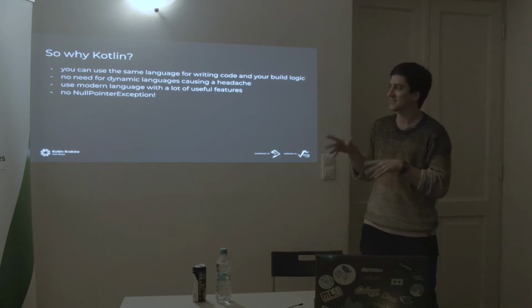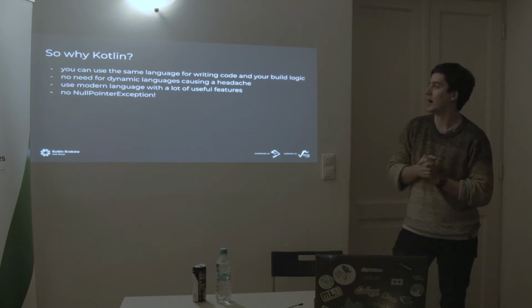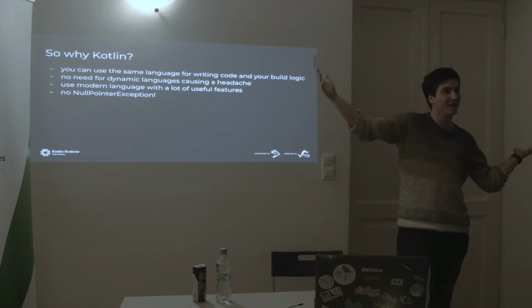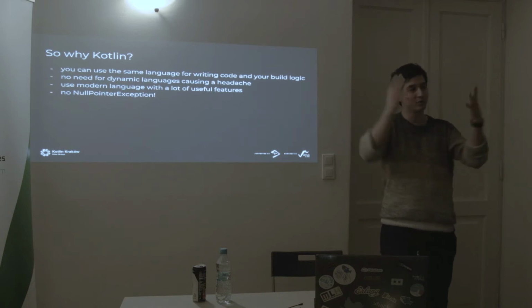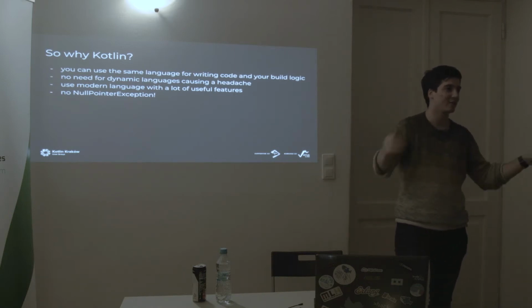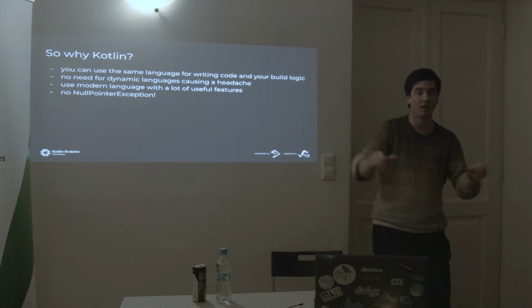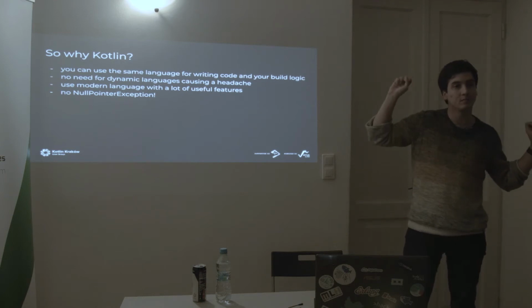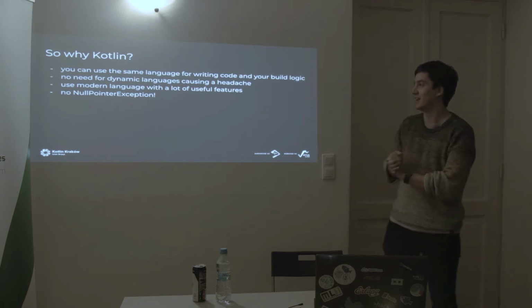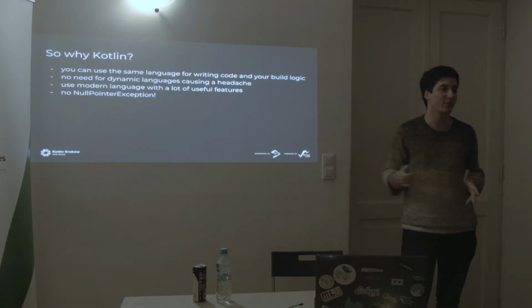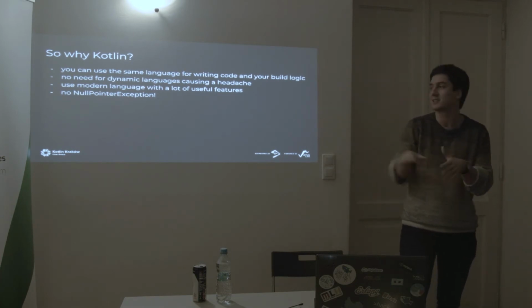So that's not fun. You can use the same language for writing Kotlin, so you can be doing the build tool in Kotlin and the projects in Kotlin. You don't have to switch context and everything is together. Consistency. Yeah, consistency. Perfect. No need for a dynamic language. Why would we need dynamic languages? It's just the same thing.